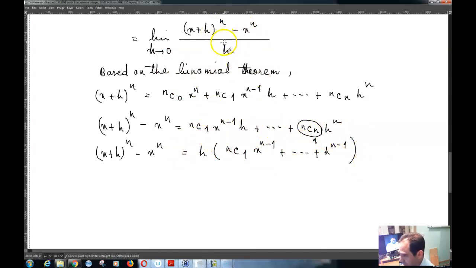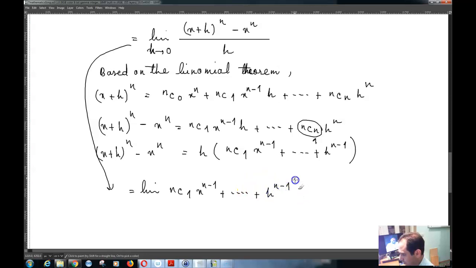The two h's will cancel out, and so this expression becomes the limit of n combination 1, x raised to the power n minus 1, plus all the way up to h raised to the power n minus 1, as h tends to 0.